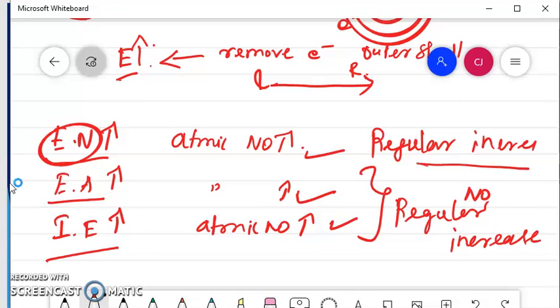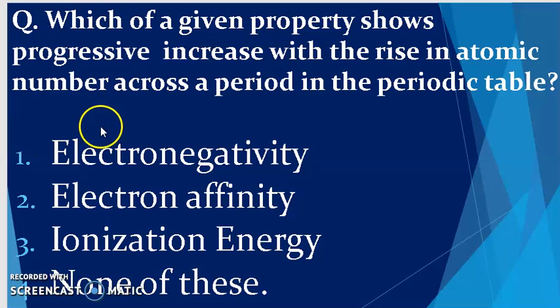So this is the correct option for this question. The property that shows a progressive increase with the rise in atomic number across a period in the periodic table is electronegativity.